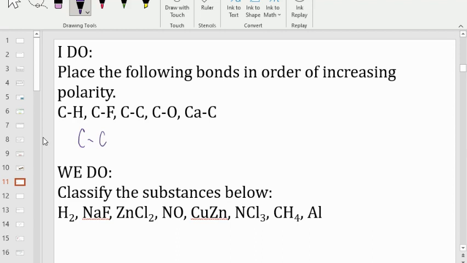This one should be easy, right? Because the electronegativity difference here is what? 0. So this guy is going to get listed first. So he's done.